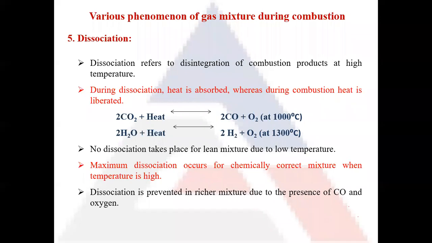So dissociation is also avoided in richer mixture. Maximum dissociation takes place in the chemically correct mixture, some dissociation is possible in lean mixture, but it is prevented in the richer mixture because of incomplete combustion of fuel and the presence of carbon monoxide.